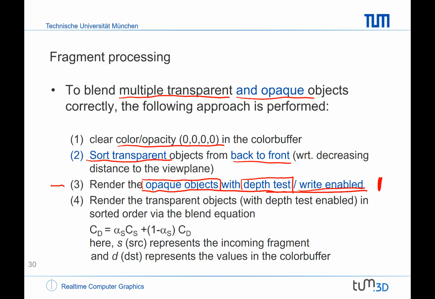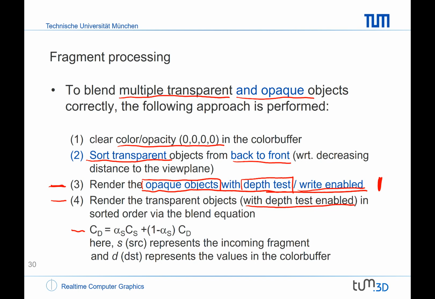And now we render all the transparent objects in their sorted order with depth test enabled, and we perform the blending as we have seen it before. What does it mean that the depth test is enabled? It means whenever a transparent object wants to be rendered, it first checks whether there was an opaque object from pass 3 that is closer to the view plane.